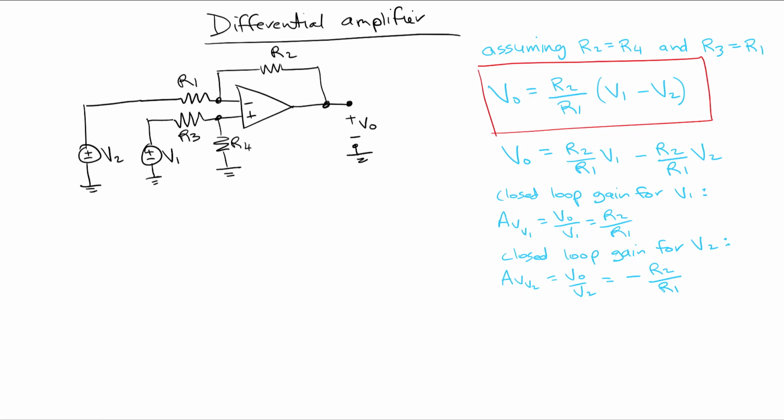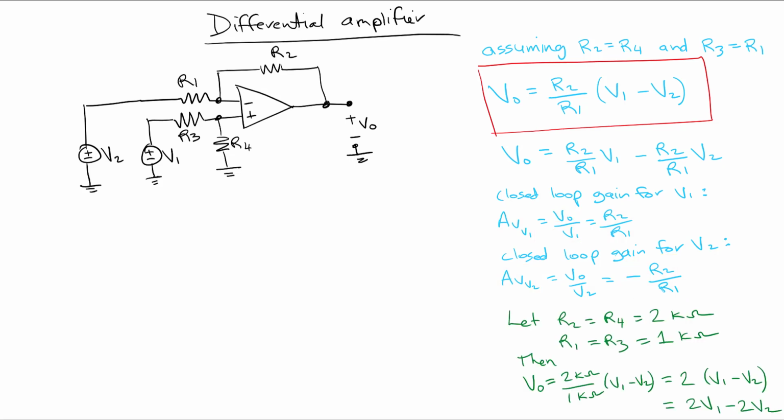So we have an AV for the V1 input, which is just V out divided by V1, and we get R2 over R1 as a closed loop gain. And we can similarly find for V2 that the closed loop gain is minus R2 over R1.